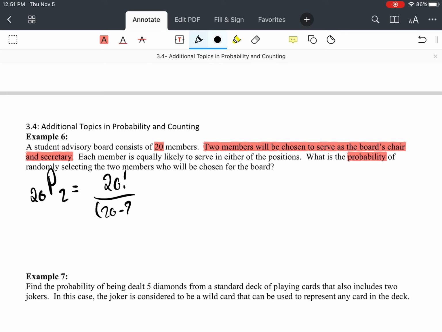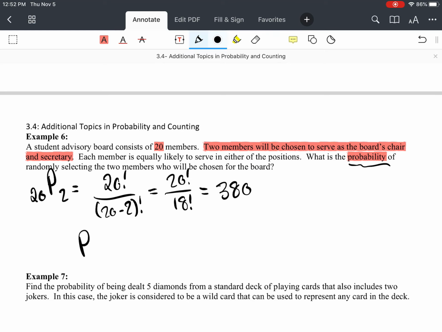That would be 20 factorial divided by 20 minus 2 factorial. That would be 20 factorial divided by 18 factorial. When you do this, you get a total of 380 possible outcomes.